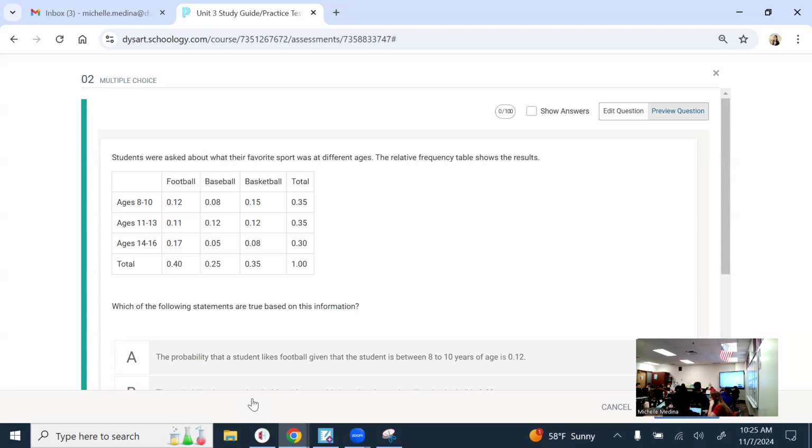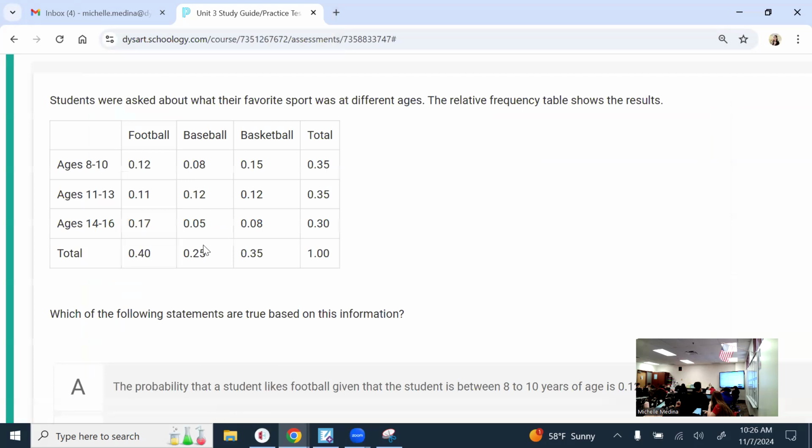This one's just out of a grand total. And I know that because where the totals intersect, it's 1. It can't be bigger than 1 if that's the case. If it was percents, then it would be 100%. So the proportions are still going to be the same as if it was normal numbers, not decimals.